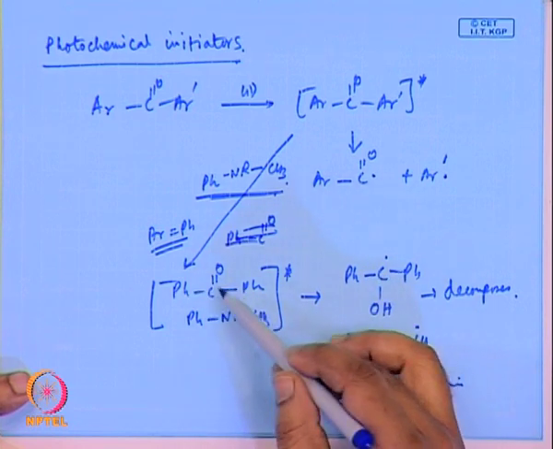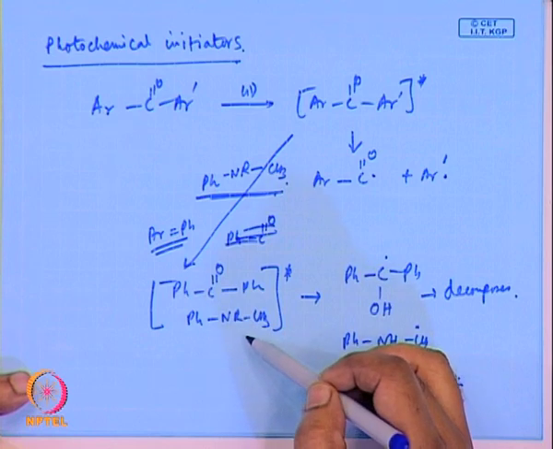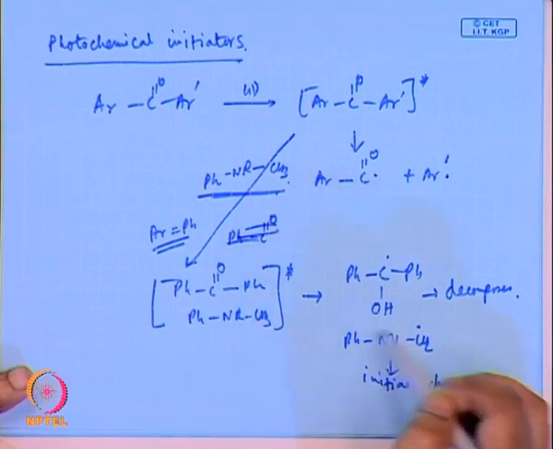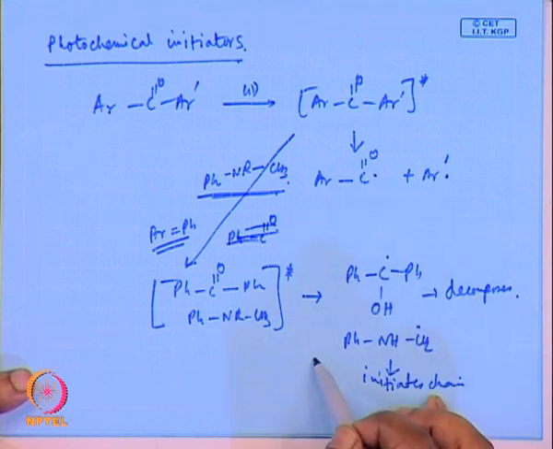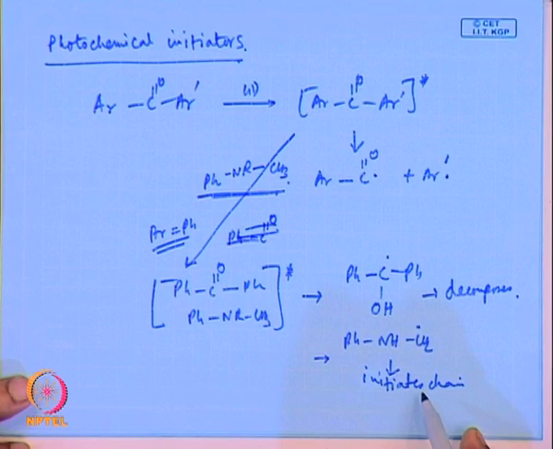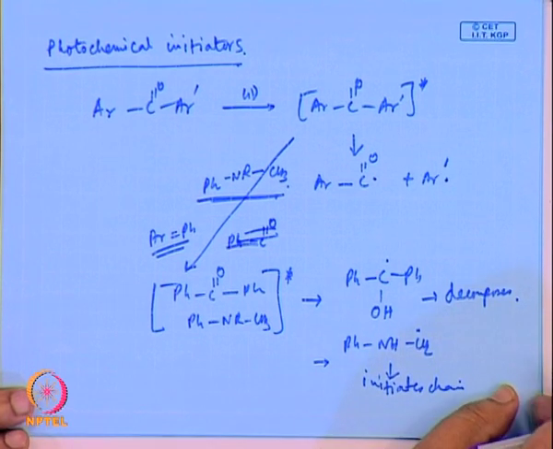For example, if you have diphenyl ketone, you react with a molecule like this, and this decomposes, and this can initiate a chain polymerization.